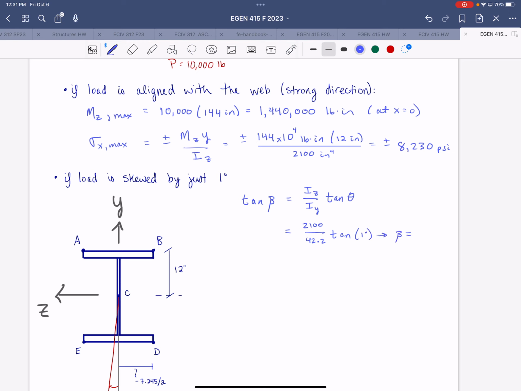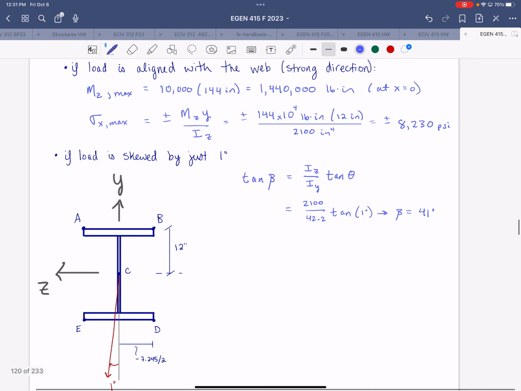So beta is 41 degrees. So that means we can sketch our neutral axis on here. It's going to be something like this. All right, so that's the axis about which the section will bend, if you can imagine that.